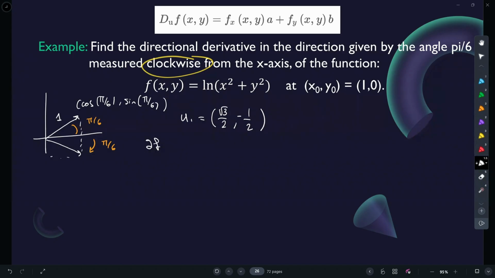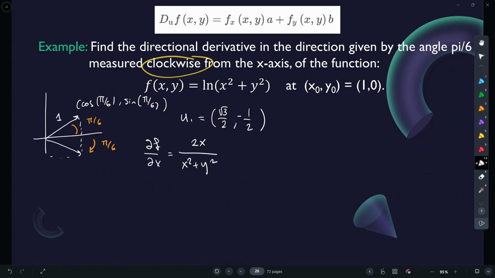Okay, so now I can take derivatives. Let's find the partials with respect to x. What is the derivative of ln(x squared plus y squared) with respect to x? 2x over x squared plus y squared. Yes, 2x, the derivative of the inside divided by the inside, because the derivative of ln of x is 1 over x.